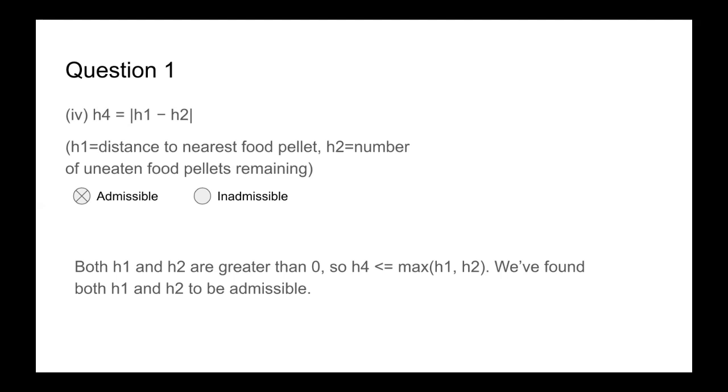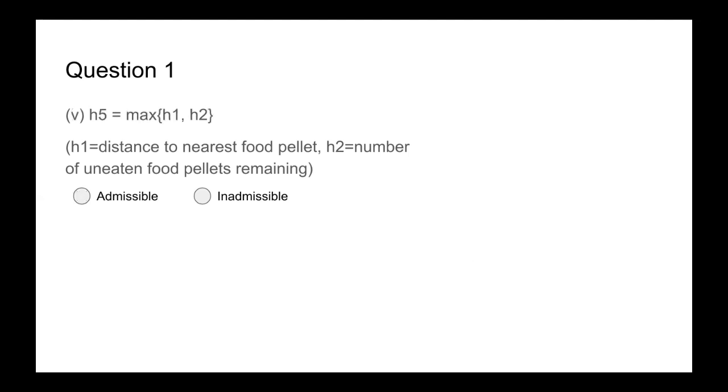But H4 is the absolute value of the difference between the 2 heuristics. So that means that H4 will always be less than or equal to the maximum value of H1 or H2, depending on what's greater. And since we know that both H1 and H2 are admissible, the value that H4 takes on will also be guaranteed to be admissible.